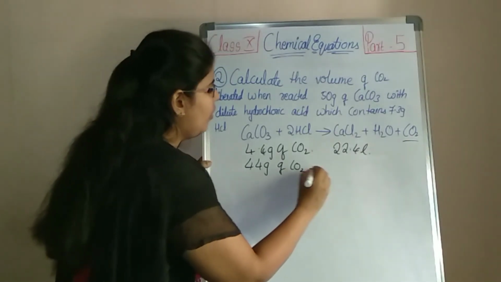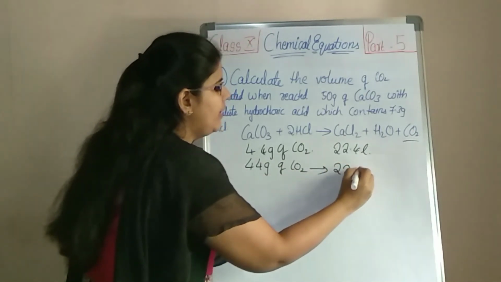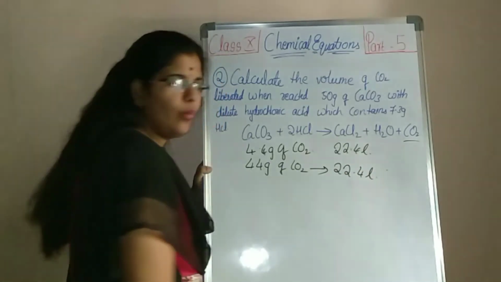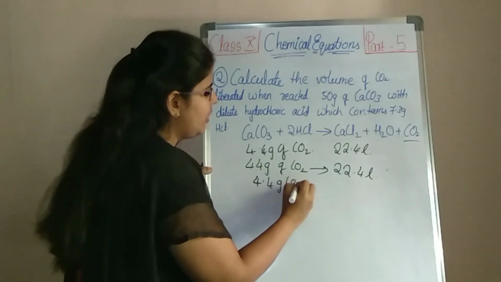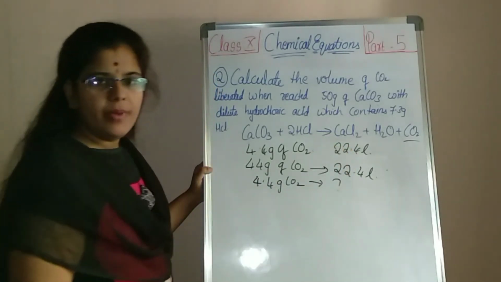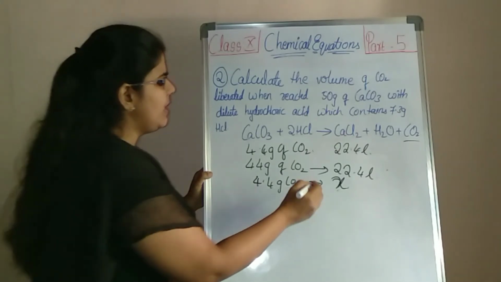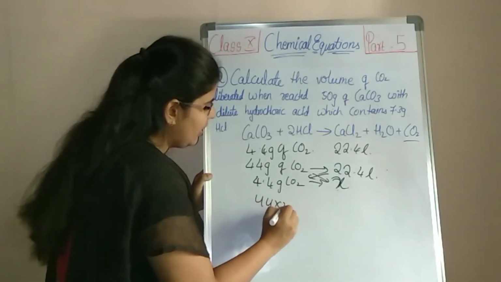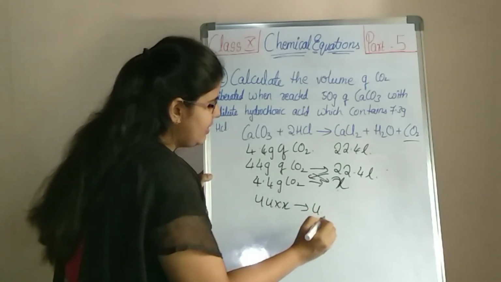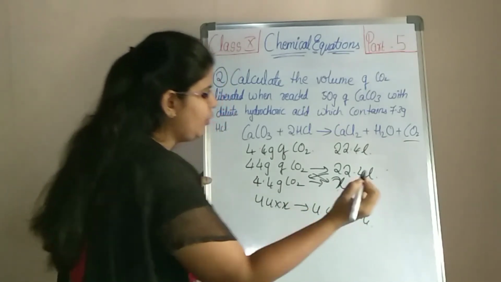So 44 grams of CO2 can occupy 22.4 liters of volume. Then 4.4 grams of CO2 can occupy how much volume? Let us take it as X. Again the same, we have to cross multiply. So 44 into X is equal to 4.4 into 22.4.